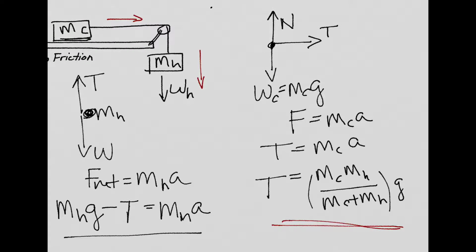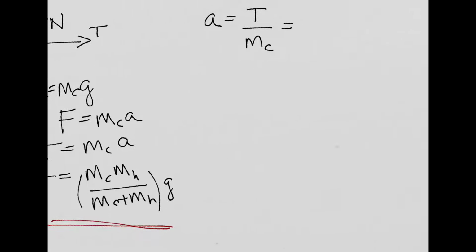Okay, that's what that equation says. If I look at it from the point of view of the hanging mass, then the weight minus the tension divided by the hanging mass is its acceleration. So now if I set these two equations equal and I solve that, I should be able to find an expression for T, and that expression should be the same as what I found before.